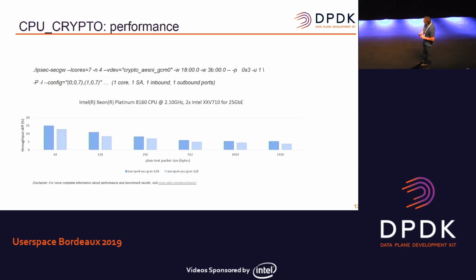Okay, there is some performance data for AESNI GCM. It's not the actual performance data, it's the performance difference with and without this new API. Depending on the CPU, it's 15 to 20%. On Skylake, we see about 15% improvement.